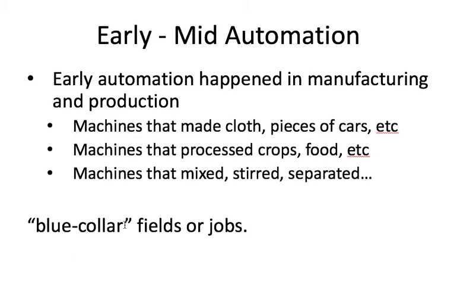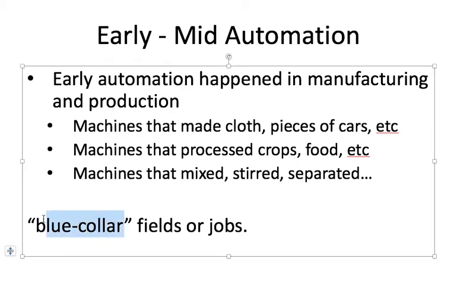A lot of these types of jobs, you might hear this term thrown around, blue collar jobs or blue collar fields. Blue collar refers to basically physical labor. So jobs that require a lot of physical labor, or lots of use of your muscles, such as manufacturing, construction, installing things, cleaning.